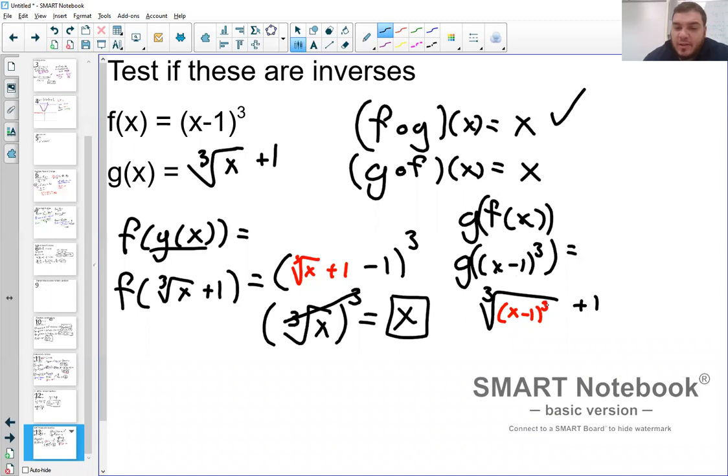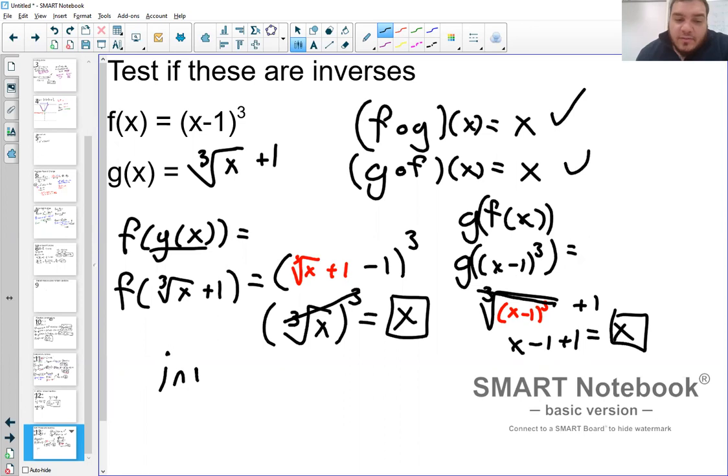Because it's x minus 1 cubed, the cube and the cube root cancel out. So it's just x minus 1 plus 1. x minus 1 plus 1 results in just an x. So that checks out. Because they both check out, these are inverses. So the question is yes or no, is it an inverse? Yes, it is an inverse.